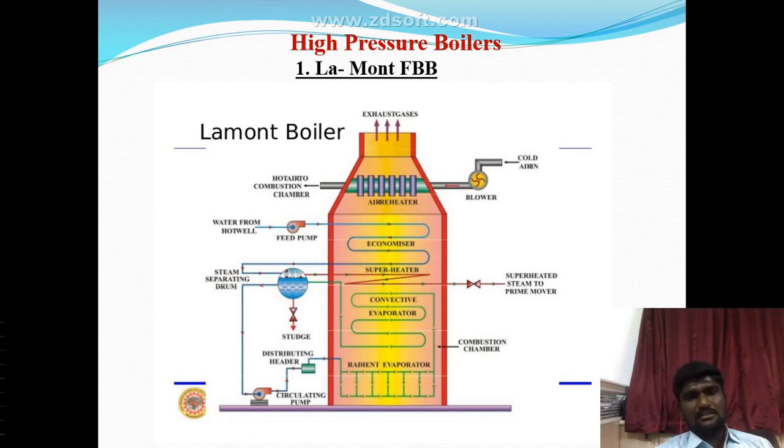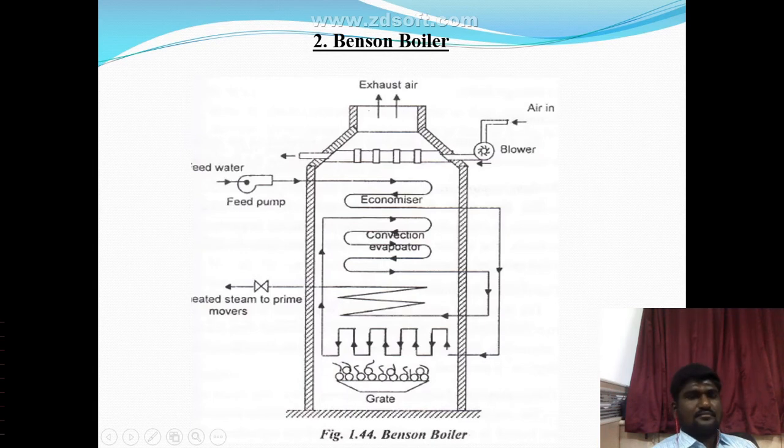Then it is sent to the superheater, then into the steam separating drum, which separates the steam and water. Then it is sent by the circulating pump to the radiant evaporator and then the convective evaporator. Then we use it in the superheater. Finally the exhaust gases pass out from the boiler, right? So the La Mont boiler and Benson boiler have the same working principle.